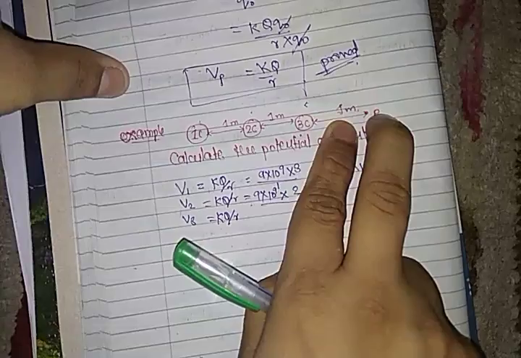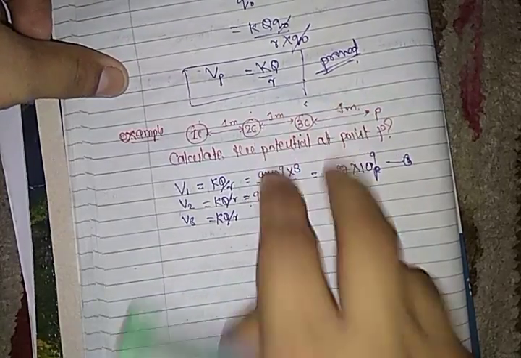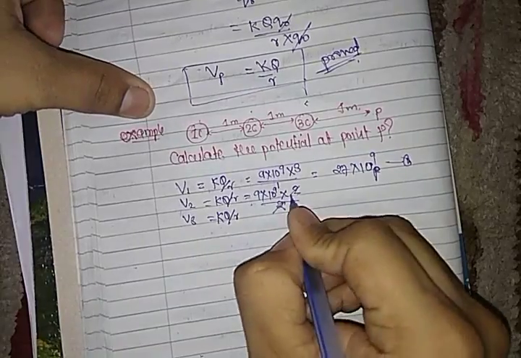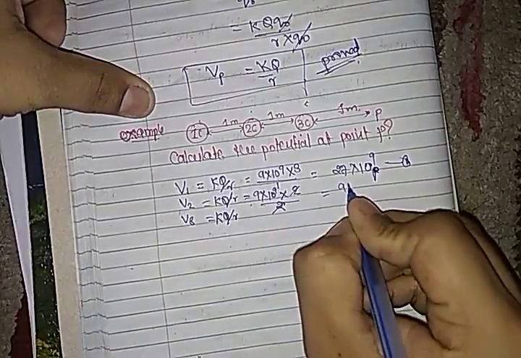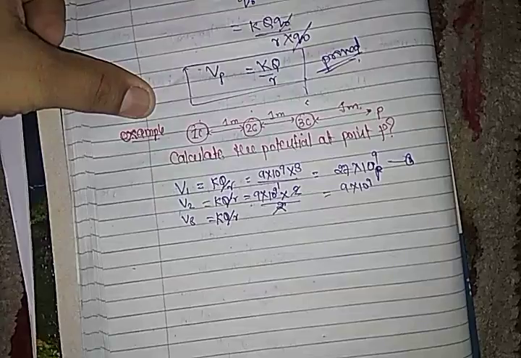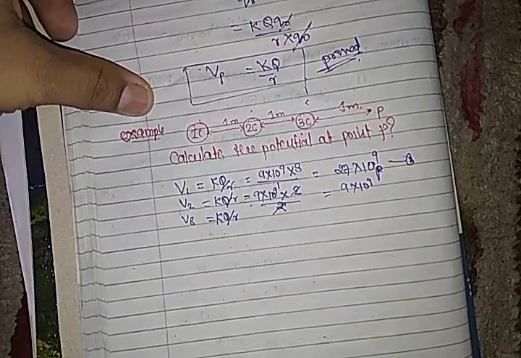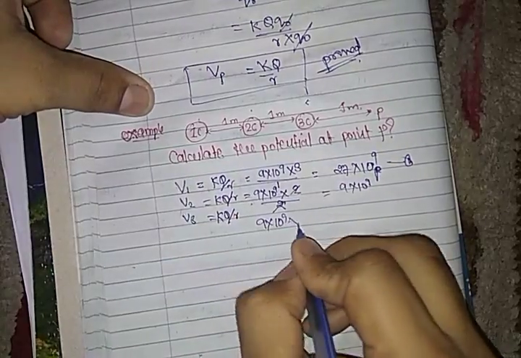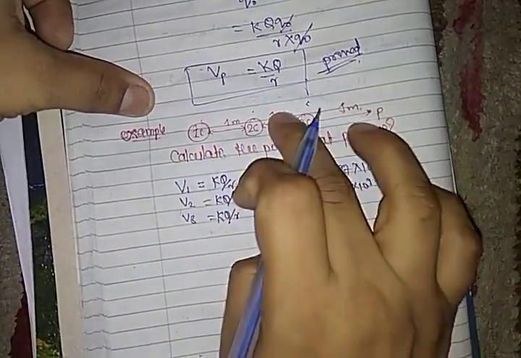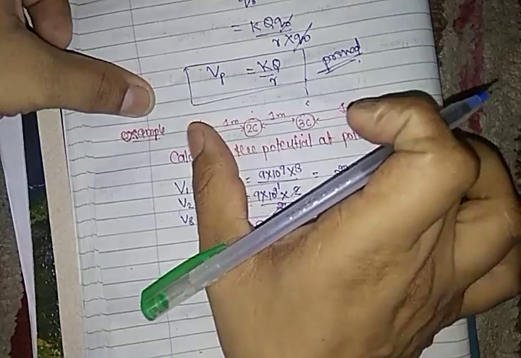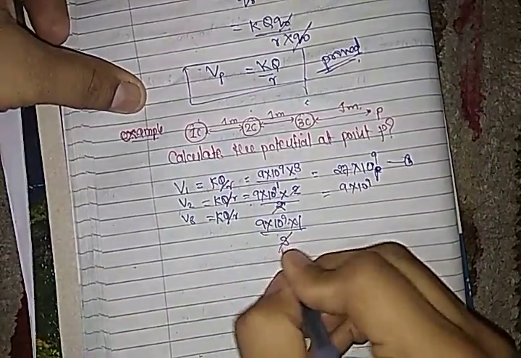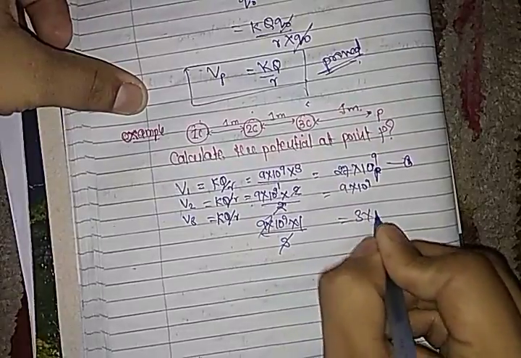The distance is 1 and 1, so 2. The 2 and 2 cancel, and we have 9 into 10 to the power 9. This is potential number 2. Similarly, for the third one, 9 into 10 to the power 9, the charge is 1 and the distance is 1 plus 1 plus 1, so the total distance between the point and the charge is 3. So 3 into 10 to the power 9.